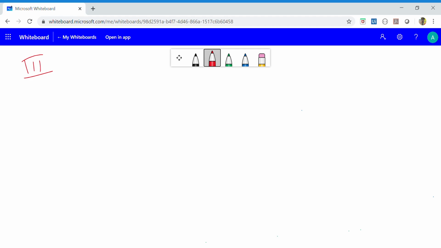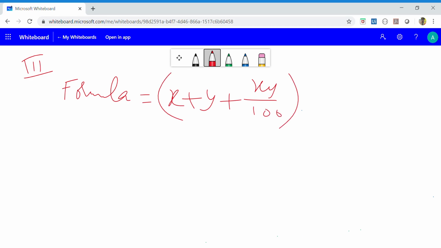That means if the values are increased or decreased by x and y%, then the final increase or decrease is given by the formula x plus y plus xy by 100%.